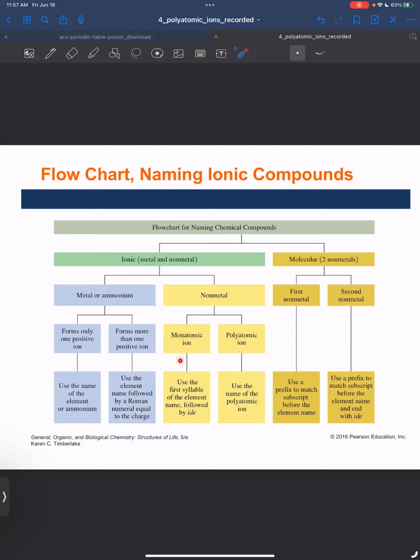If it's monoatomic, then you use the first syllable of the element name followed by IDE. So for example, oxygen, you would keep ox and then put the IDE, so that's oxide. If it's a polyatomic ion, you just use the name of the polyatomic ion as is.